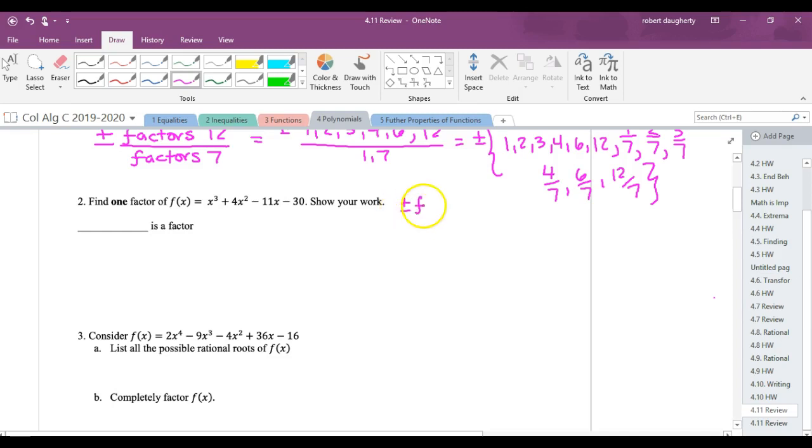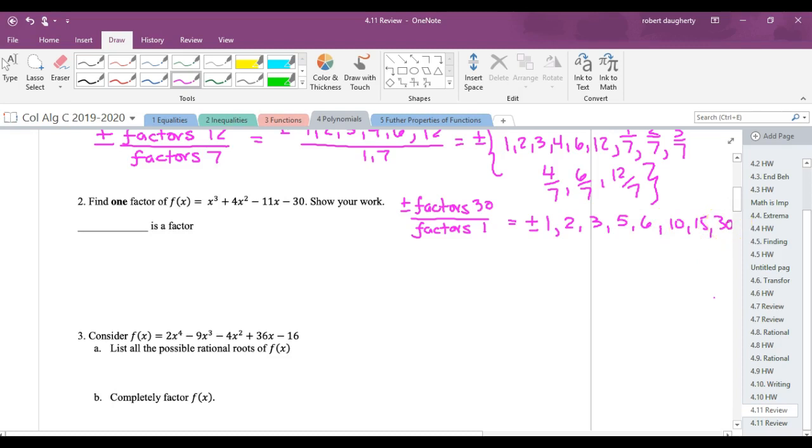So these are just the factors of 30. So that's 1 times 30, 2 times 15, 3 times 10, and 5 times 6. So these are all the possibilities.